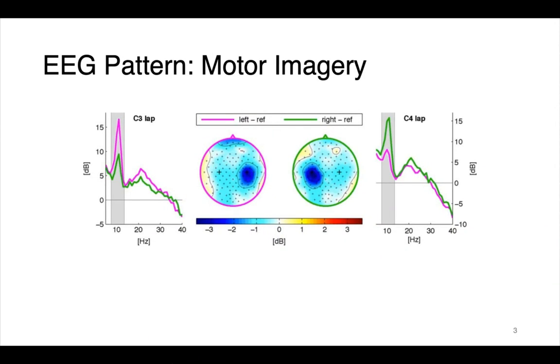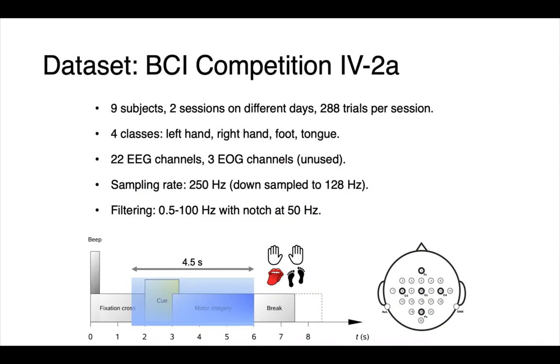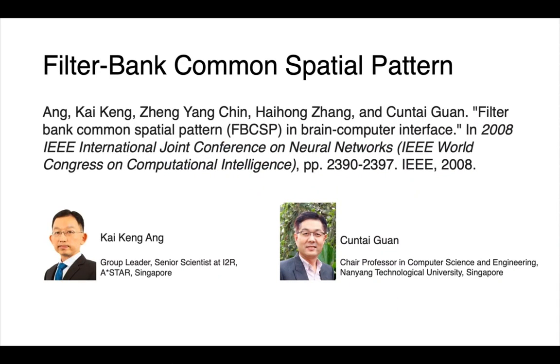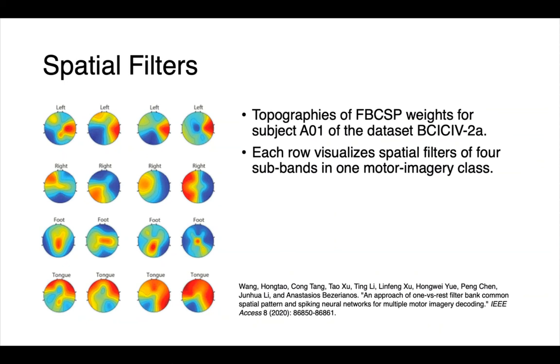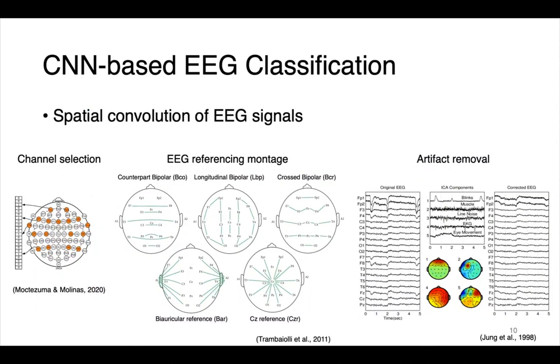Then I introduced the motor imagery EEG pattern again, because I want to introduce the filter bank common spatial pattern, which is the conventional state-of-the-art algorithm for motor imagery classification. Then I talked about interpreting some EEG patterns from machine learning methods like filter bank common spatial pattern. And at the end, I touched upon the importance of spatial convolution for EEG processing. That's pretty much what I went through in the previous lecture.